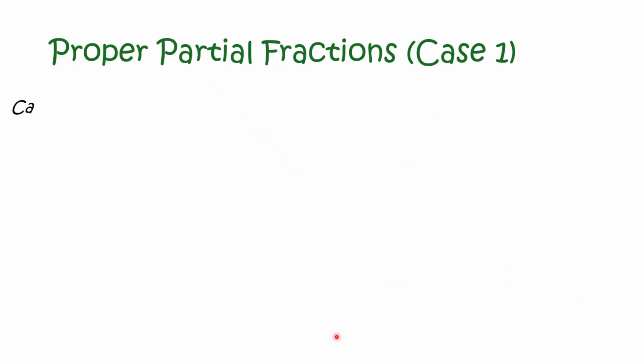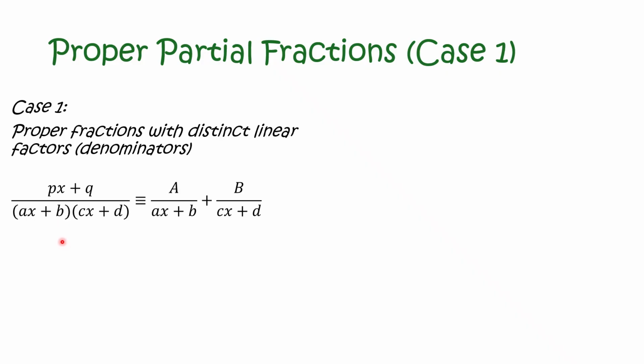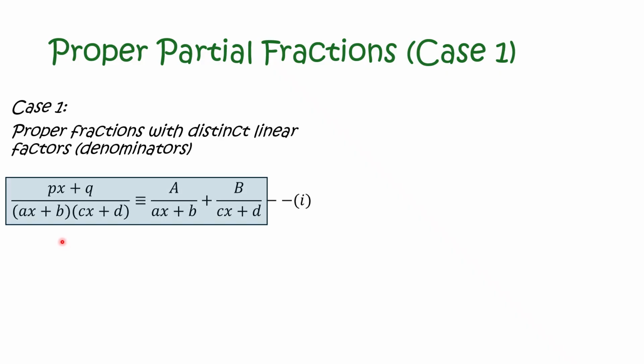Let's look at case number 1. We have proper fractions with distinct linear factors in the denominator. So let's look at a basic scenario. We have px plus q all over ax plus b times cx plus d.